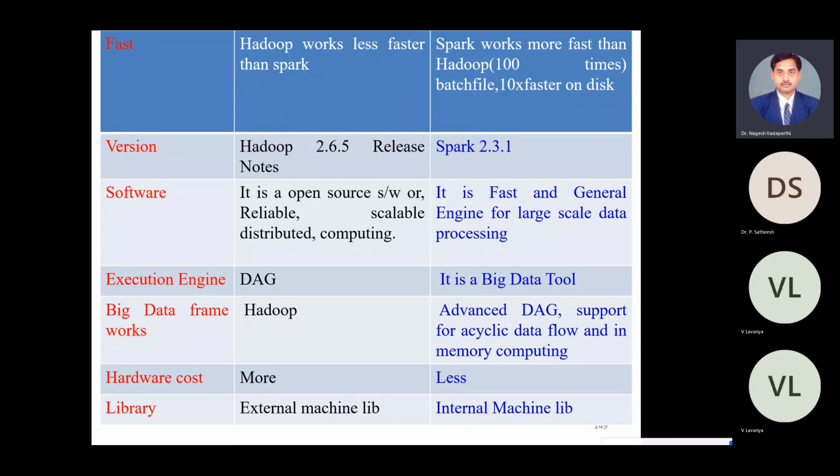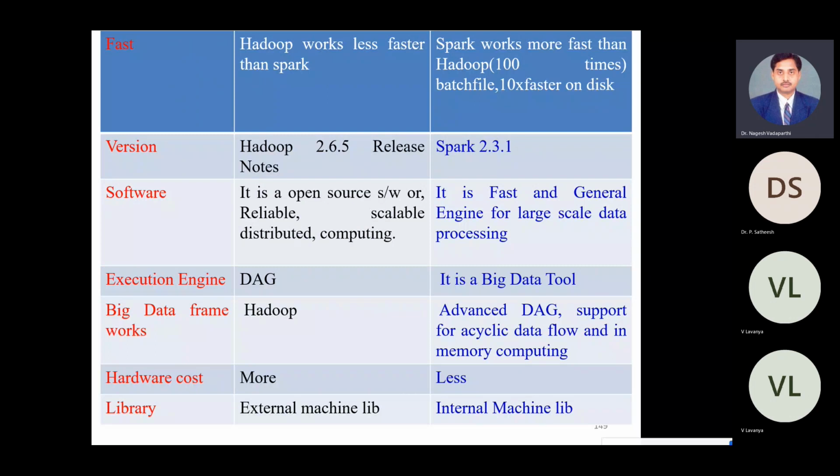Then the hardware cost in Hadoop, you can't imagine such a hardware cost, it is expensive in the Hadoop framework, whereas in Spark it is very less because we are only increasing the random access memory.